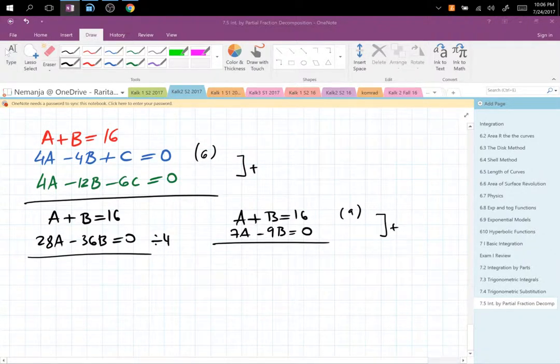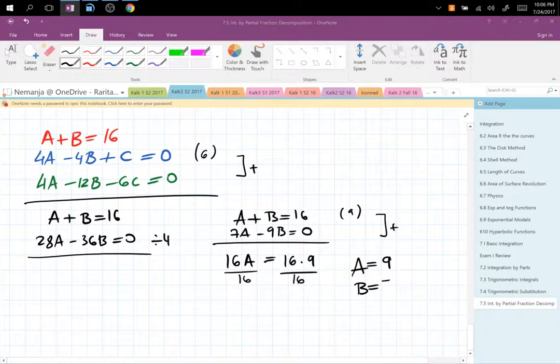So 9 times A, that's 9, plus 7 is 16A. 9B minus 9B dies, and over here you have 16 times 9. And I don't want to compute that because if I divide both sides by 16, I get that A is 9. If A is 9, B must be 7 because they add to 16.